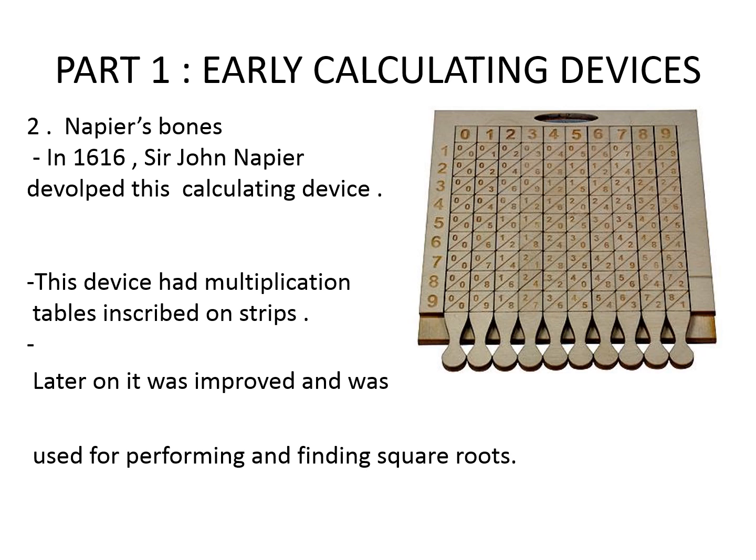There are some wooden strips on this wooden base. On each strip this table is written. Now this device had multiplication tables inscribed on strips. Means what? On each strip which you are seeing on your screen, in that image of the Napier bones, one number's table is written.